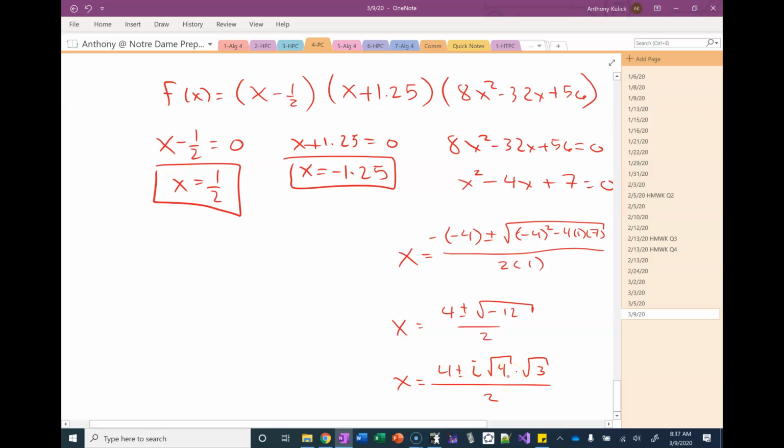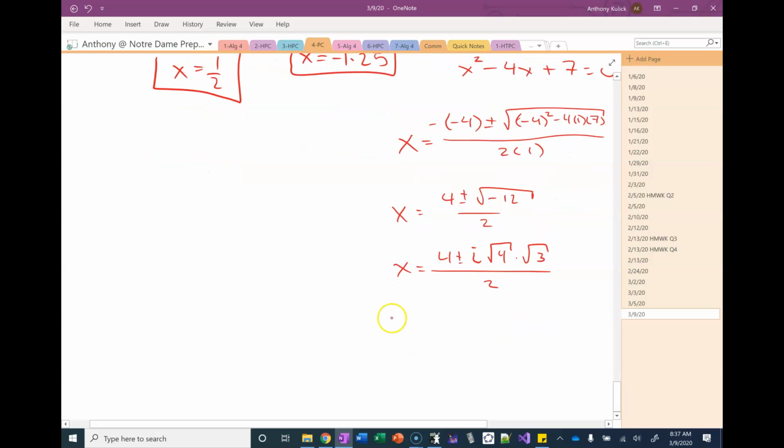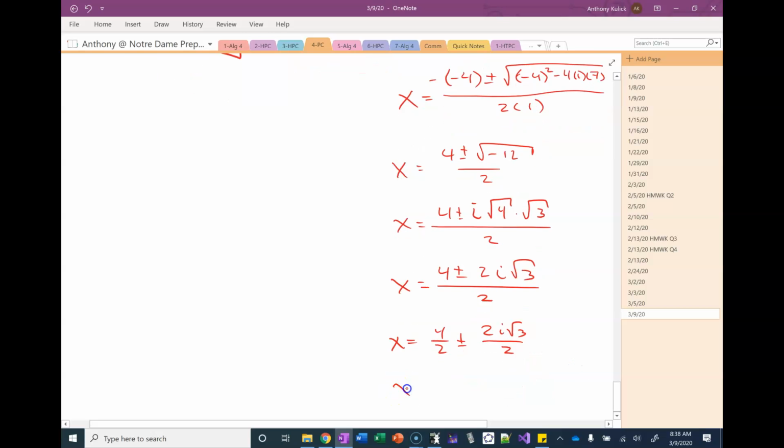So the square root of 12 can be the square root of 4 times the square root of 3. Do you notice anything there? What's the square root of 4? 2. So we can say that. And we can do a little bit better than this. Notice that if I write this as two separate fractions, I can reduce each of those two fractions.